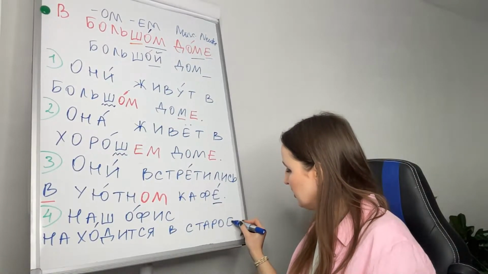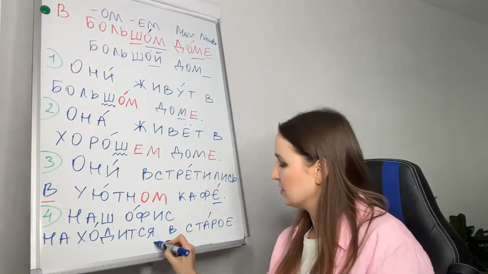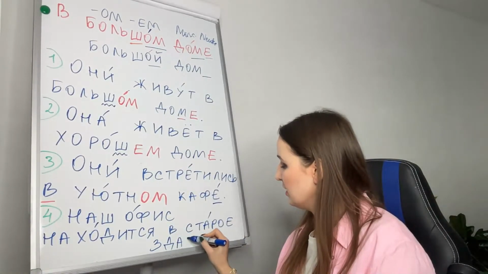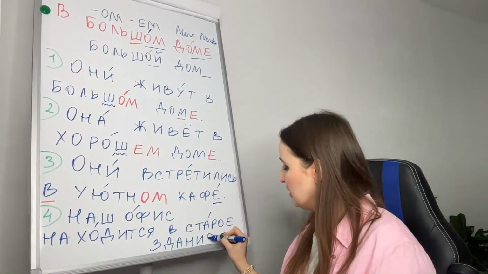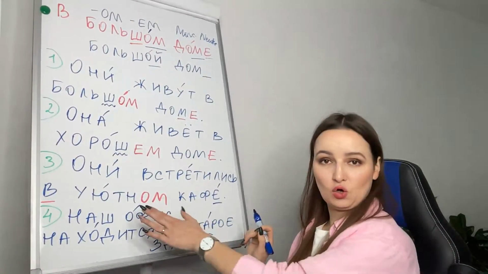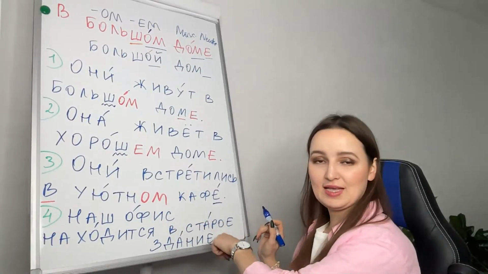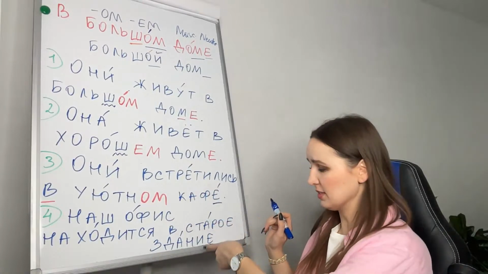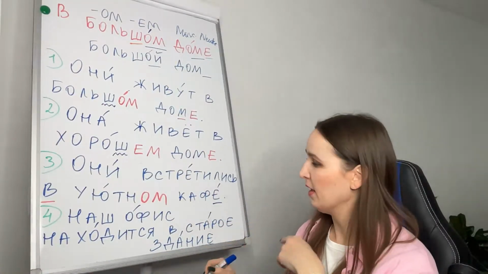Старое здание. Let's write it here. Здание. Старое здание. Right now it is incorrect because the case here is nominative. It answers the question what? Что? Старое здание. An old building.